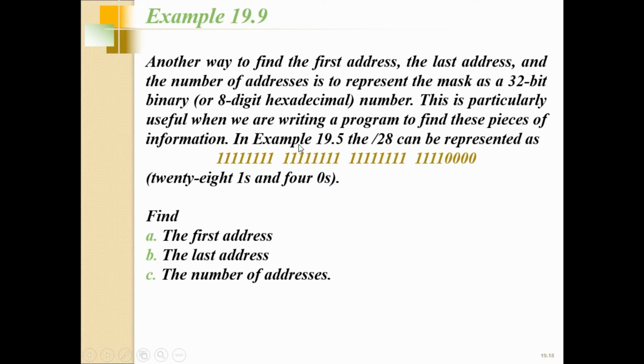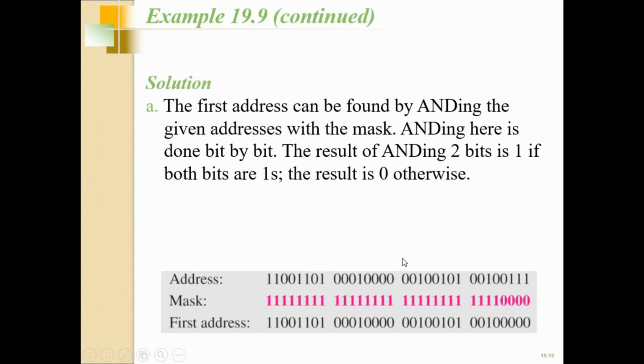So for example 19.5, the /n or the mask given was 28. The 28 can be represented as 28 ones and 4 zeros in binary format. So we need to find the first address, the last address, and the number of addresses.